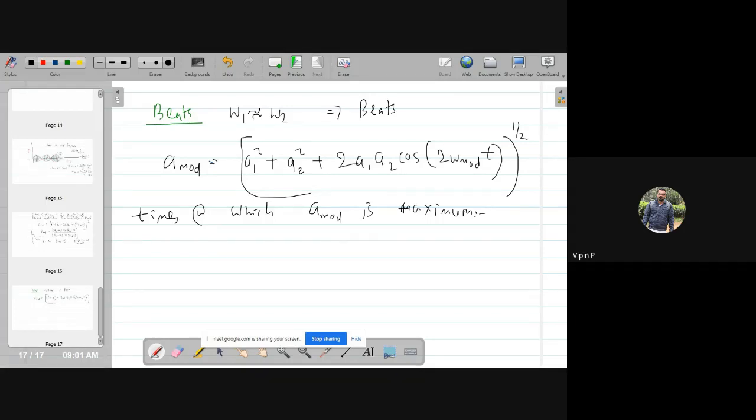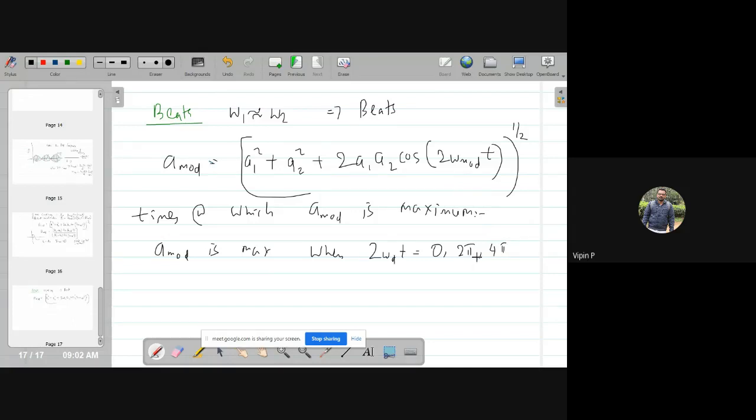Now, obviously, in this equation, A mod is maximum when 2 omega d t is equal to 0, 2 pi, 4 pi, etc. Because those are the times when the value of cos 2 omega d t is equal to 1.